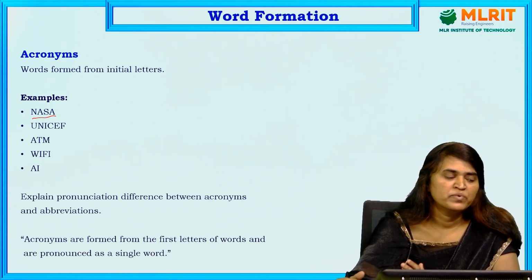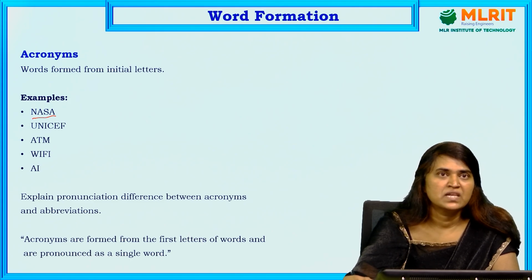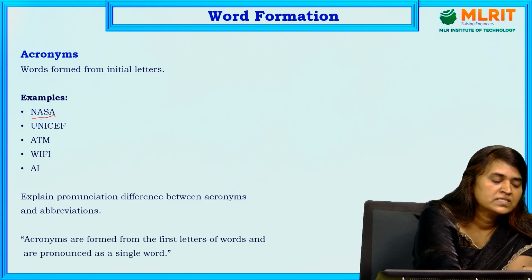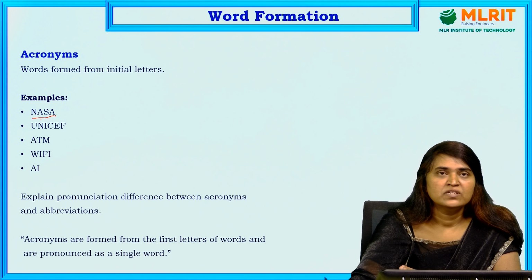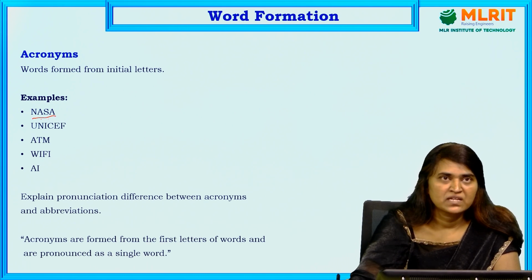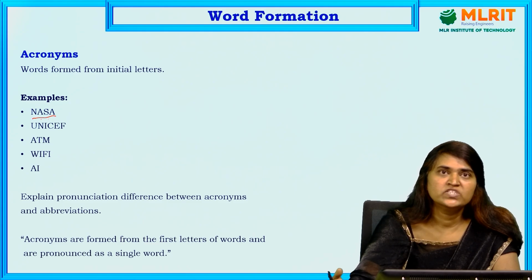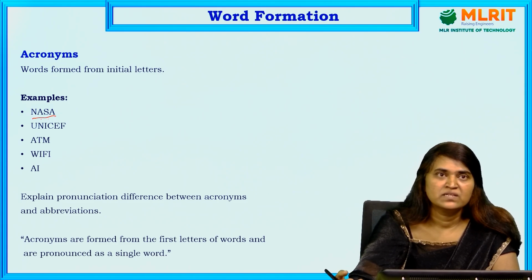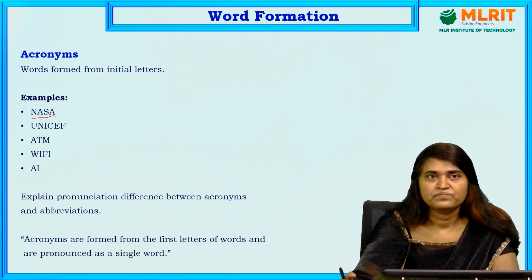In that abbreviation, we are taking the initial letter of every word: N, A, S, A. And then it is also pronounced as a single word, NASA. So acronyms are words formed from the initial letters of each word and pronounced as a single word, like NASA, ATM, Wi-Fi, AI.